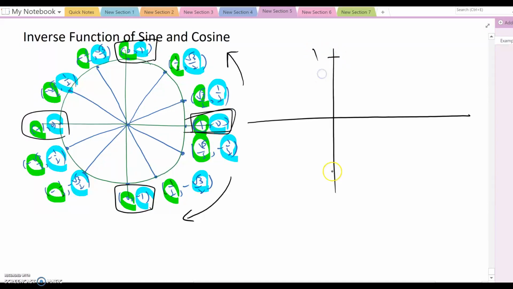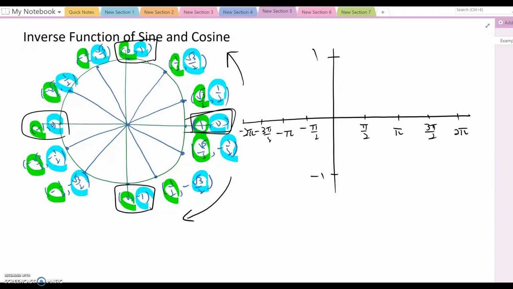So 1, negative 1, and then pi over 2, pi, 3 pi over 2, and 2 pi, negative pi over 2, negative pi, negative 3 pi over 2, and then negative 2 pi like this.